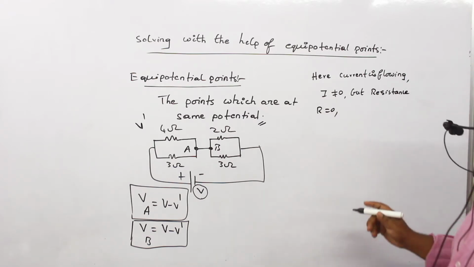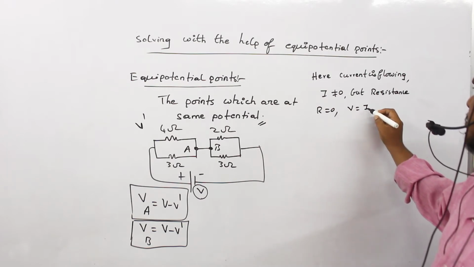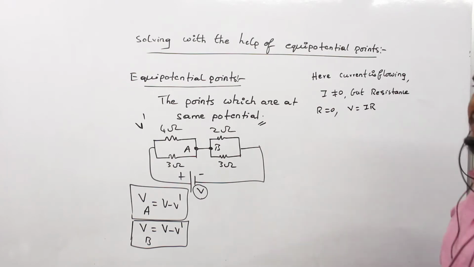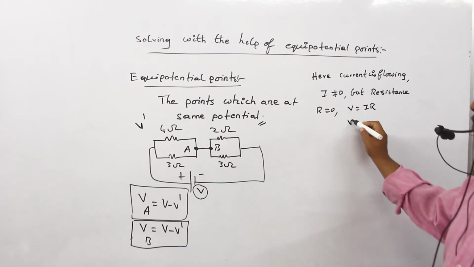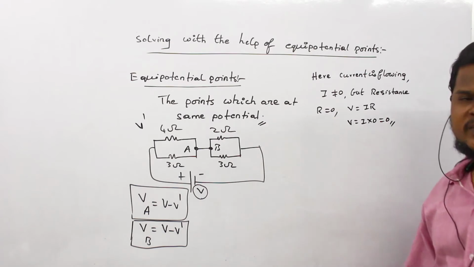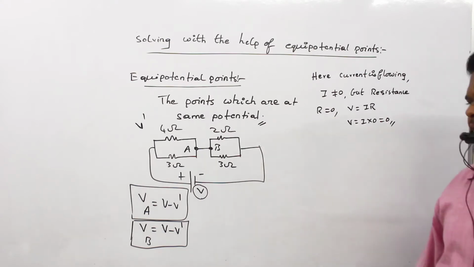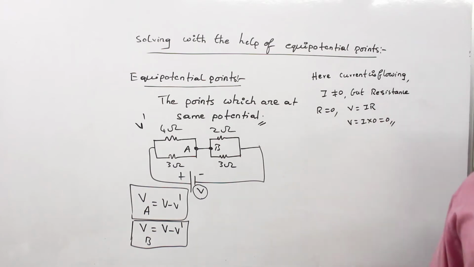If resistance is equal to 0, then what will be the potential drop? Potential drop is V equals I into R. Current is not 0, but resistance is 0. So the total potential drop will also be equal to 0. That is the reason why there is no potential drop between A and B. So A and B, I can call equipotential points. Are you able to understand? So in this method, I can write.